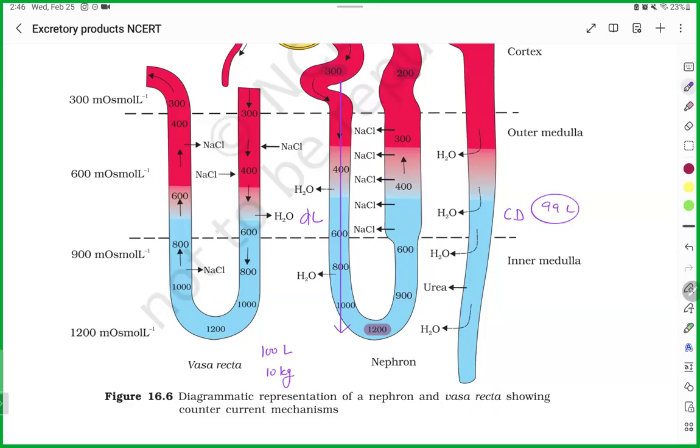The ascending limb of the loop of Henle will save 9.9 kg of salt. So ultimately, you saved water, you also saved salt with the help of the countercurrent mechanism. Anybody have doubts?